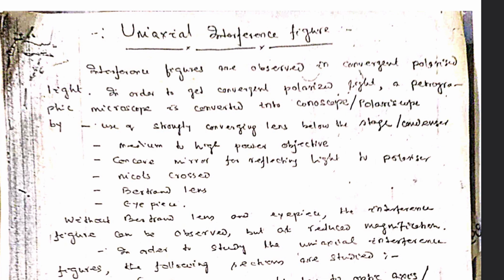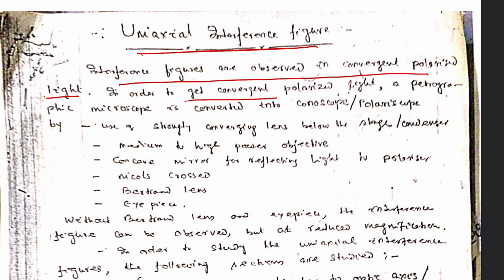So let us discuss this uniaxial interference figure. Interference figures are observed in convergent polarized light. Through the conoscopic arrangement of the microscope we can get convergent polarized light.